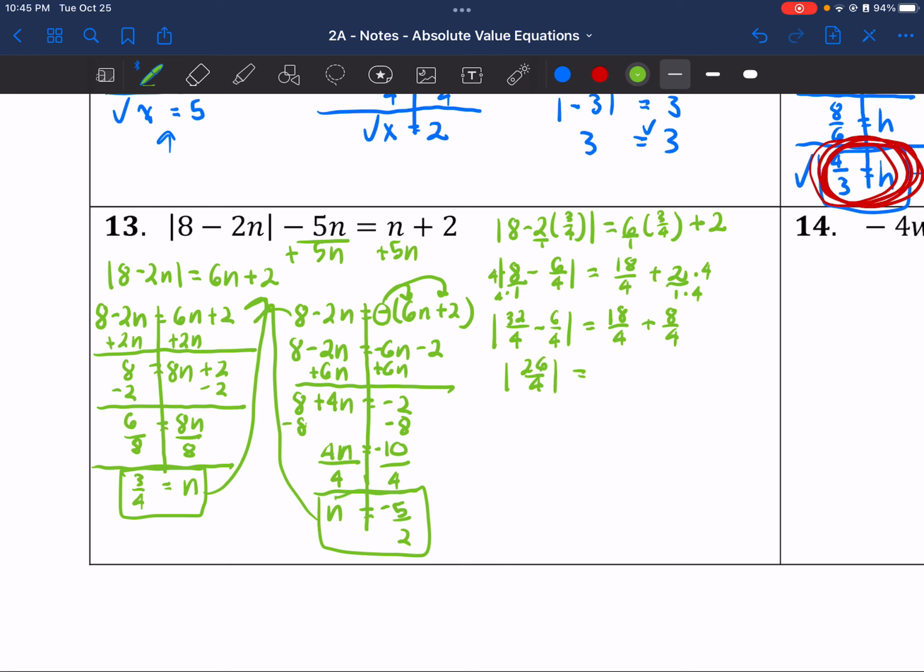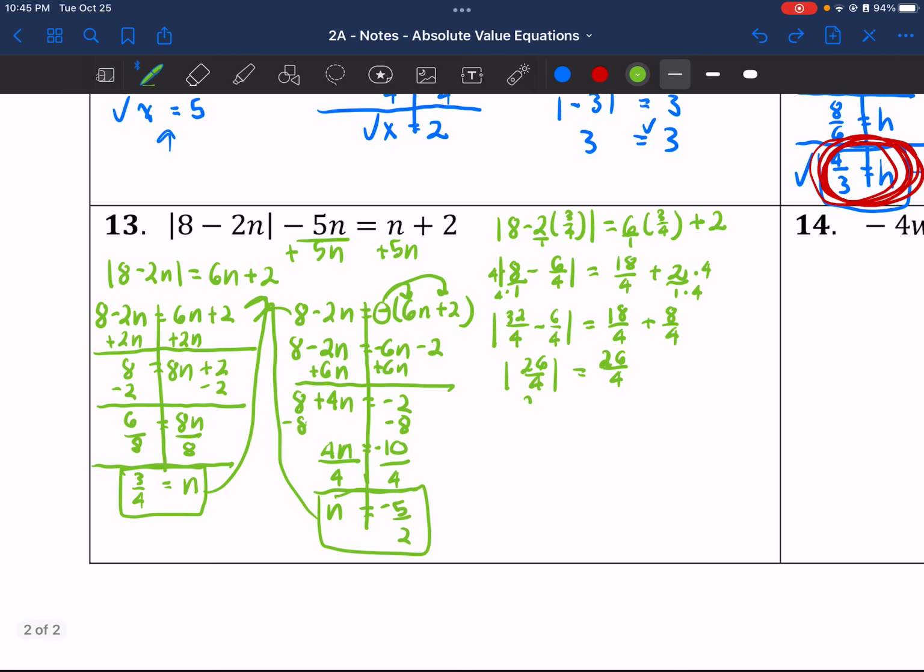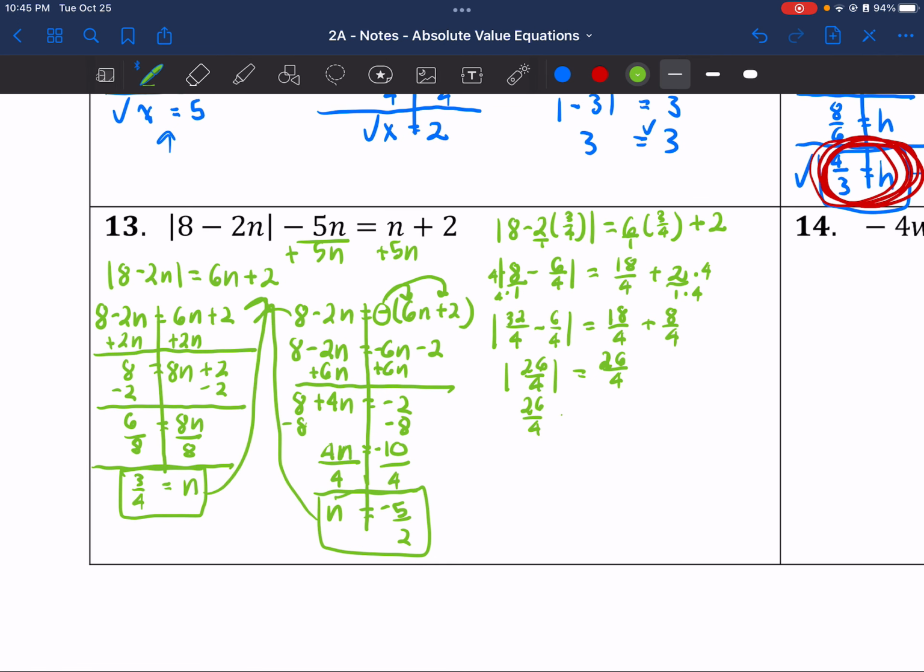And 18 plus 8 is going to be 26 over 4 as well. So now the absolute value of 26 over 4 is just going to be 26 over 4. So we get 26 over 4, we get the same number. So we know that n is equal to 3 over 4 works.